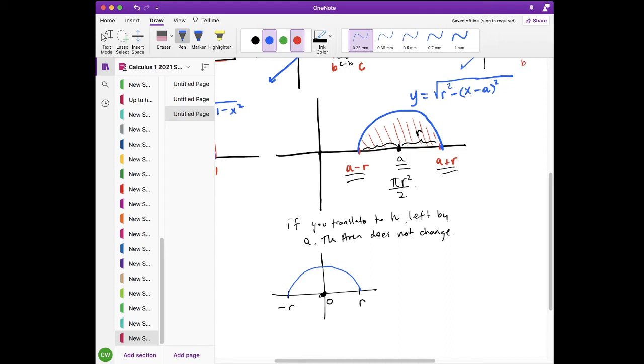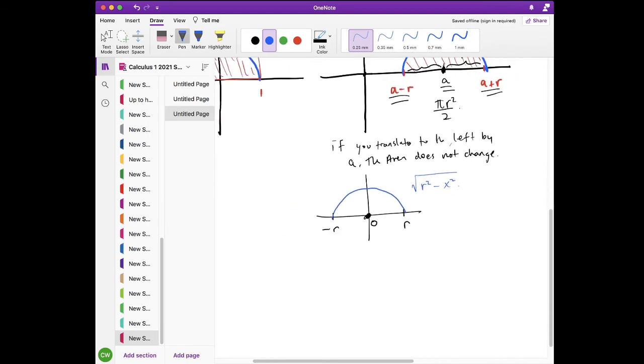Yeah, so when you do left, you add. If you add a to x, because we're translating the x component, not the y component, that just becomes r squared minus x squared.